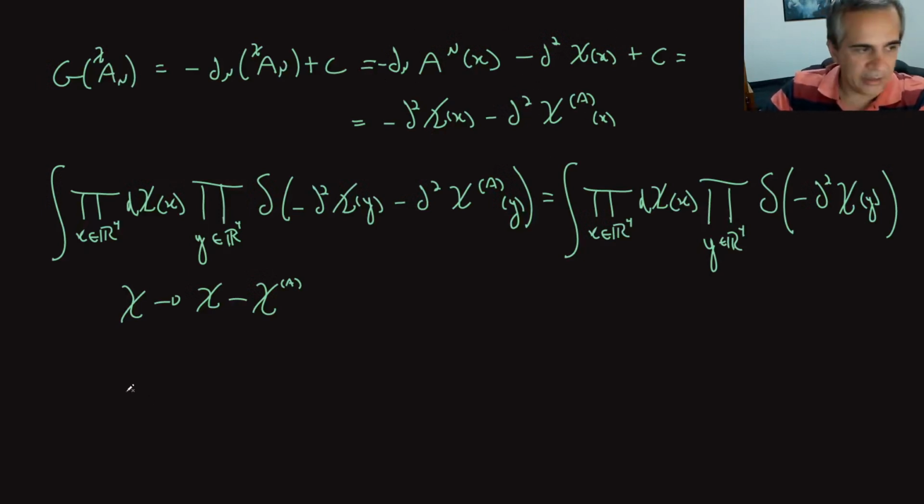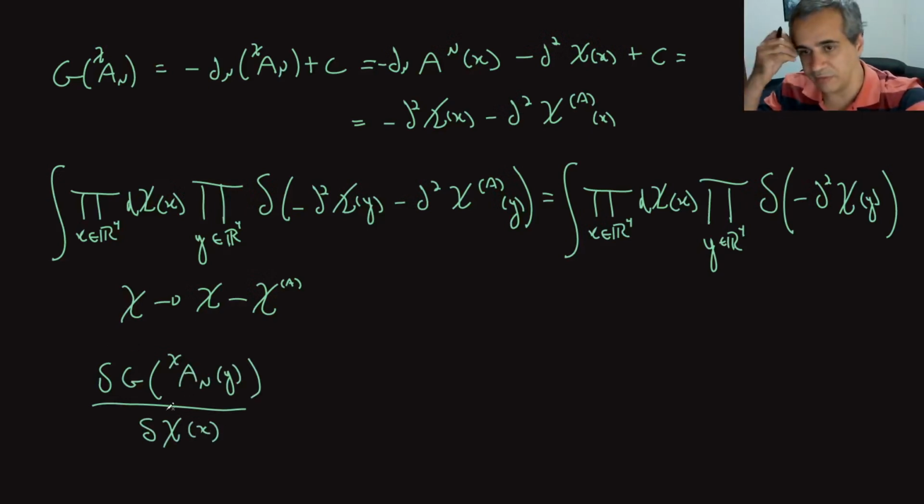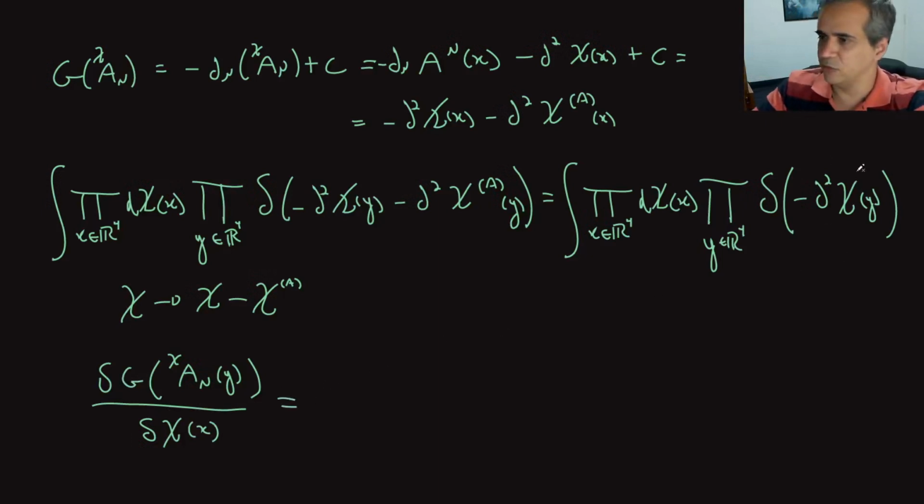And you can notice that if I do a derivative G a mu x of y del x of x, so this is a functional derivative, this will be, say, let's do this in this version of G. It doesn't matter, it can be here, it can be here.